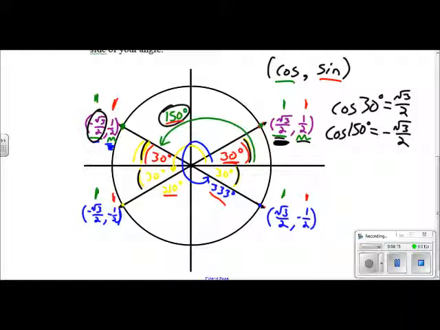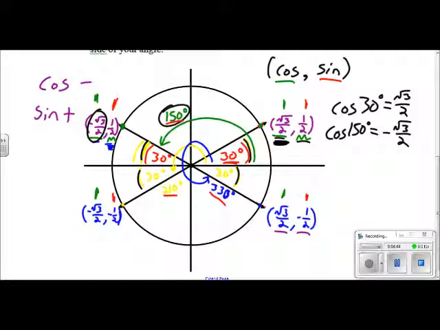Reference angle of 330 is, again, 30. Since we know the reference angle of each of them, we can more quickly find out our sine and our cosine. All we have to know then is in the second quadrant over here, cosine is going to be negative, sine is positive.